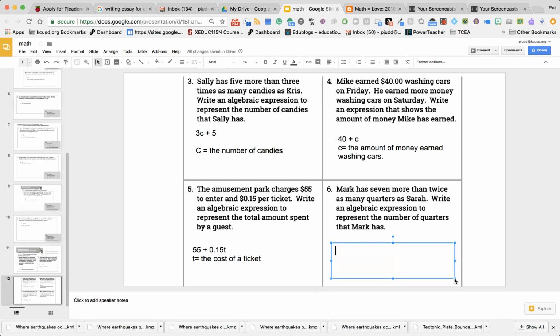And that something else is going to be 2, let's put Q, 2Q. And that is going to be for the quarters. Plus, oh no, plus 7. So Mark has 7 more than twice as many quarters as Sarah. And the Q represents the number of quarters.